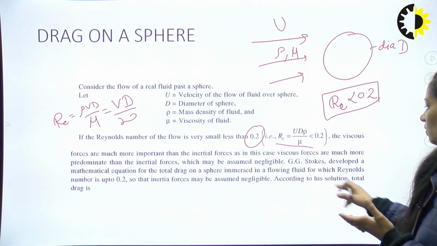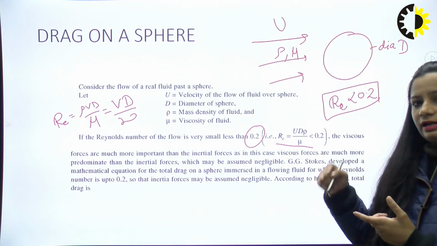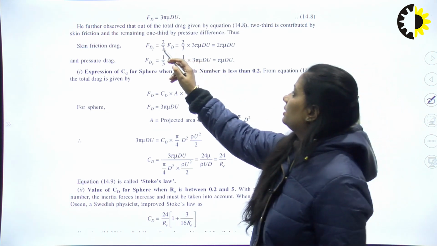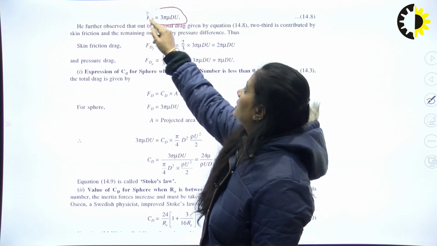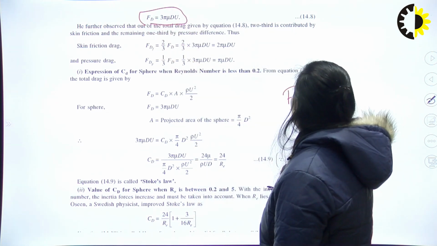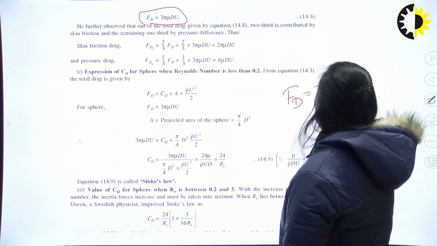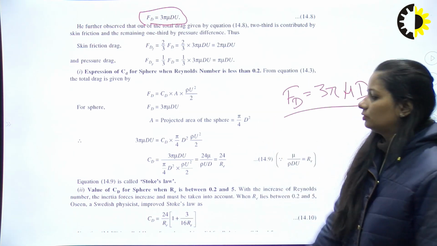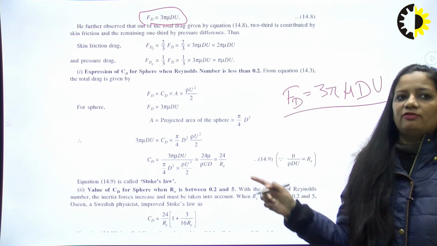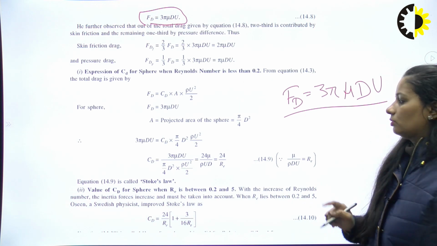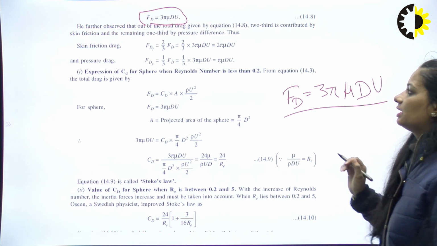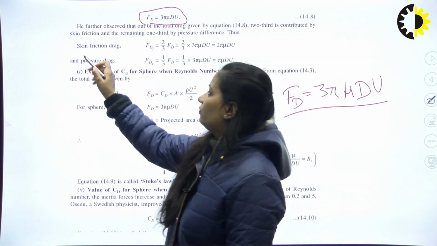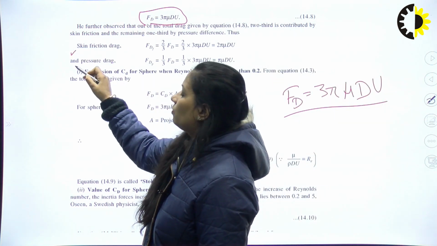According to his solution, the total drag is F_D equals 3 pi mu d U. This is the drag formula he concluded. On that basis, he also gave the skin friction drag and the pressure drag.